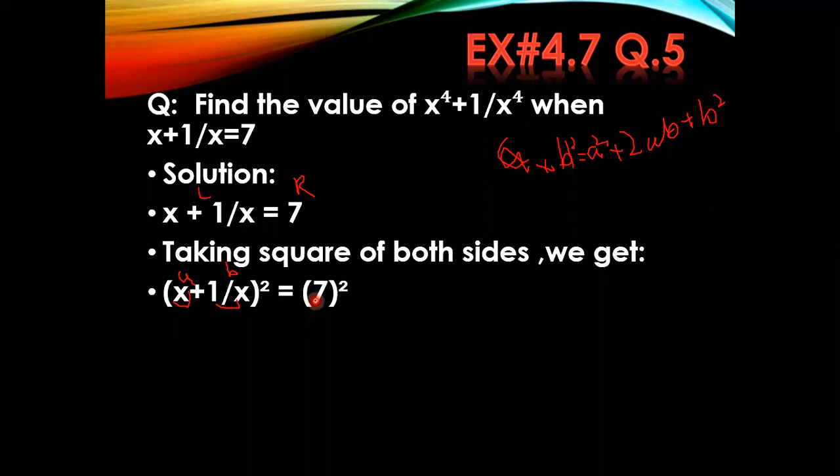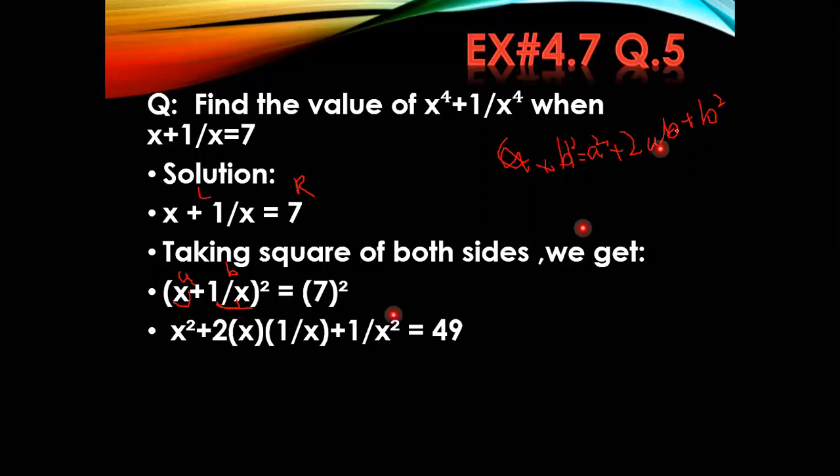Now first, we will take the square of x, that is our term A, according to the formula. So x squared plus, then 2, the formula's 2 will come here, then term A, which we multiply with term B. What is your term A here? This x, we simply write x inside the bracket because obviously we are multiplying A and B, and then your term B, that is 1 upon x, inside the bracket.